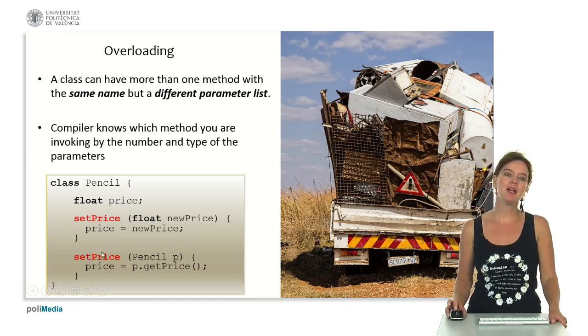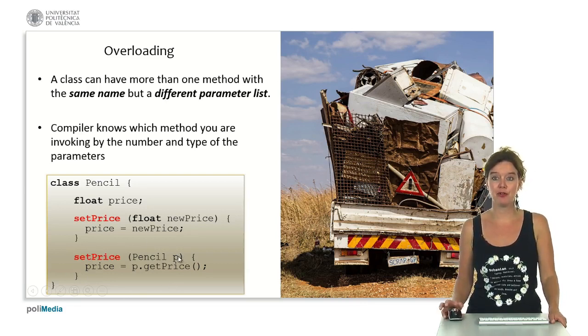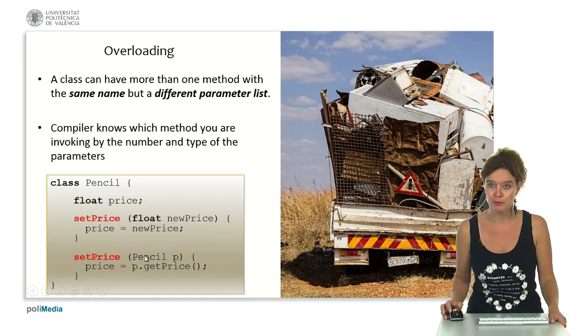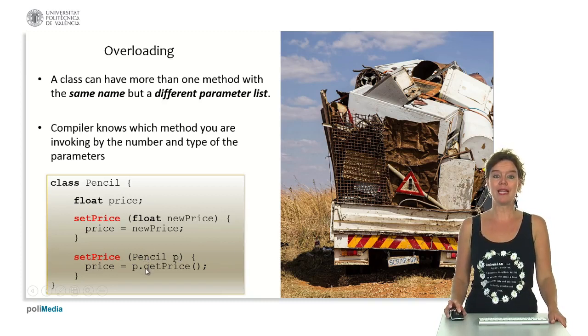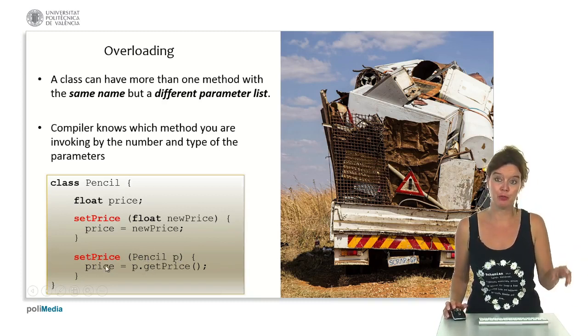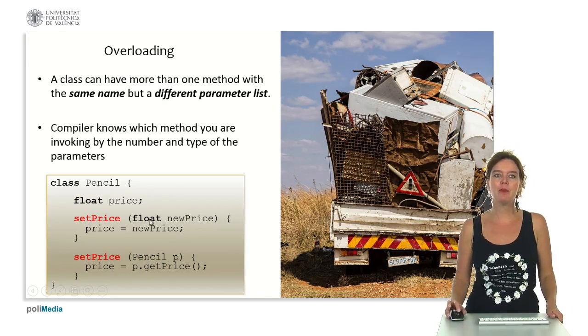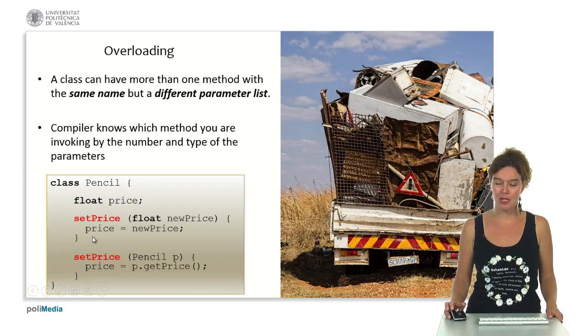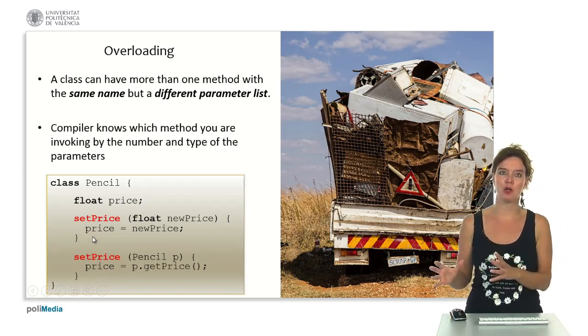And here we see another setter. We see that the argument that this setter has is different. It has a different type. The type of the argument is another Pencil. And what we do is get the price from that pencil and assign it to the price of our current pencil. So here we have two methods with the same name, set price, but with different types of arguments.